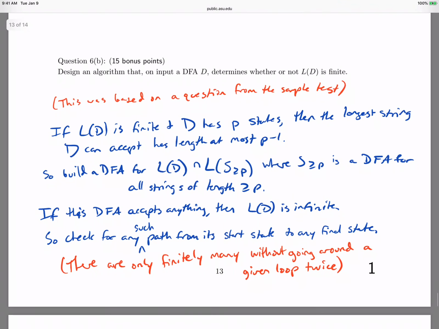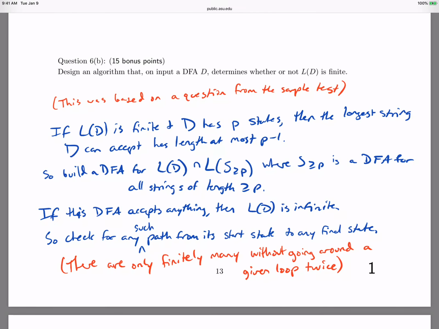For B, this was a little more involved, but this was from the sample test. The idea here is based on the pumping lemma. If there's a loop somewhere that goes to a final state and you can reach the loop, then there are infinitely many strings, because you can go around that loop as many times as you want, getting more strings, and then go into the final state.